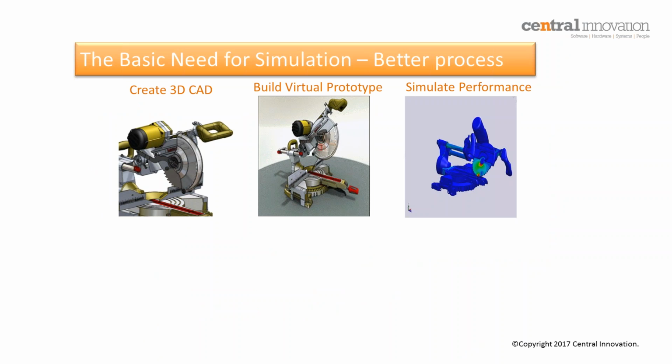Now, if we look at simulation, the procedure follows as you can see. You're still creating a 3D CAD model and then you're building the virtual prototype, not a physical one, which is not costly. It's basically your CAD model, maybe with some simplification on it.